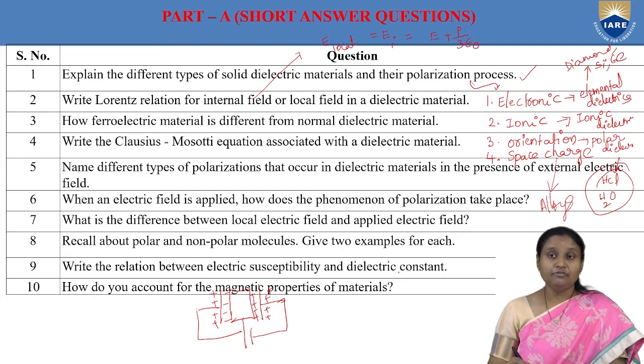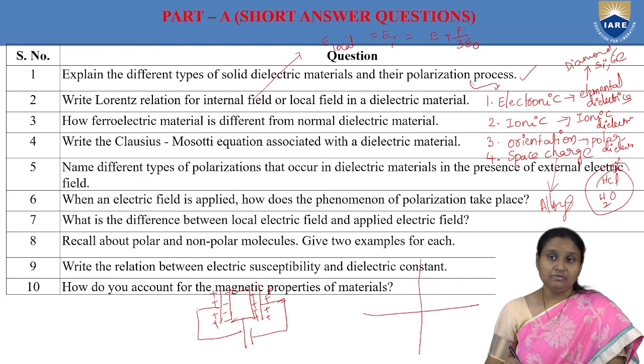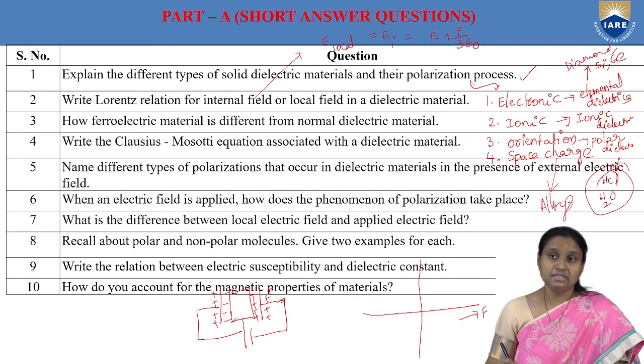But with a ferroelectric material, we generally apply an AC, alternating electric field, and the polarization follows a hysteresis curve.